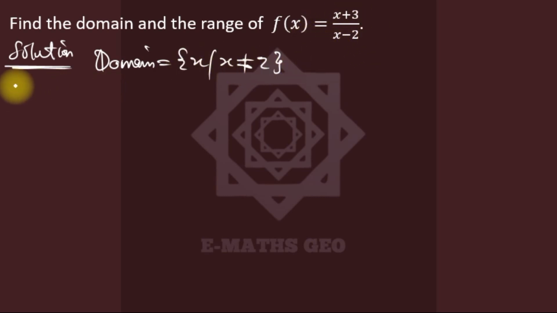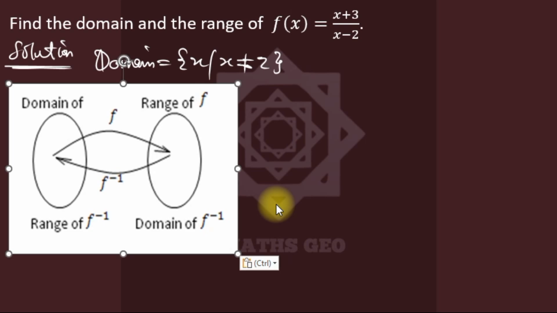So coming to range, we use this property, the relationship between a function and its inverse. Let me use a diagram so you see what is happening. If you notice, the domain of f is now the range of its inverse.